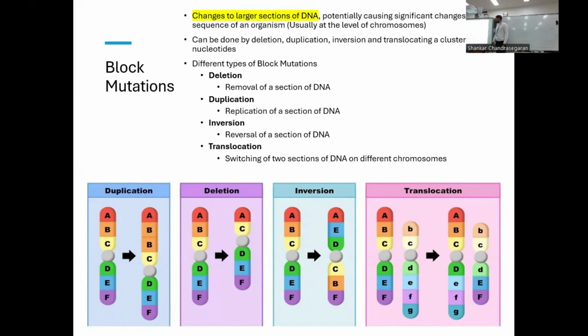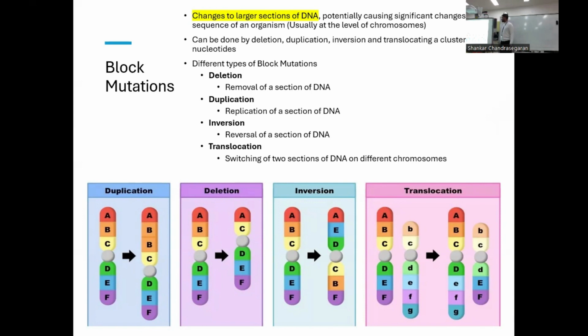Another one is inversion, where basically the sequence of your DNA has been altered to be inverted, right? Instead of going A, B, C, D, E, F, it's suddenly inverted to be A, E, D, C, B, F. So it's been messed around all around.